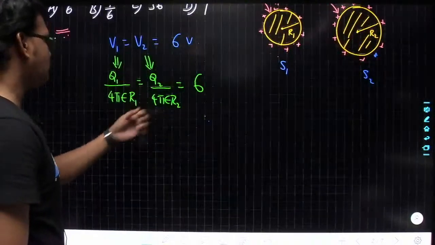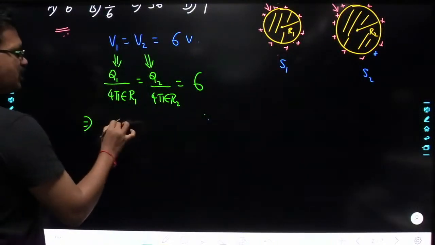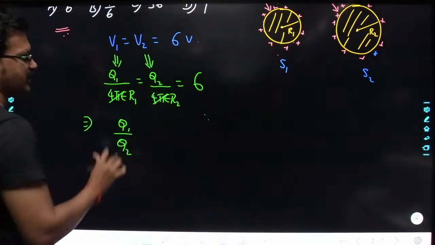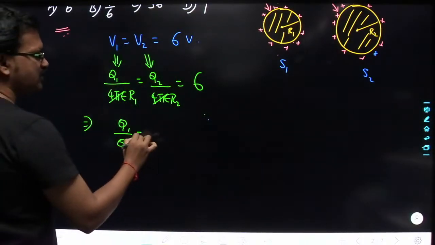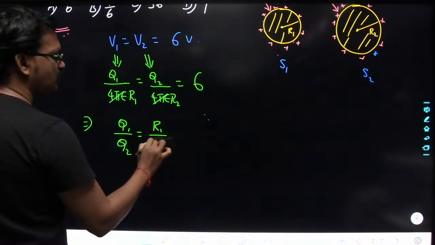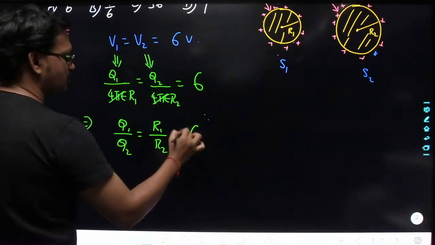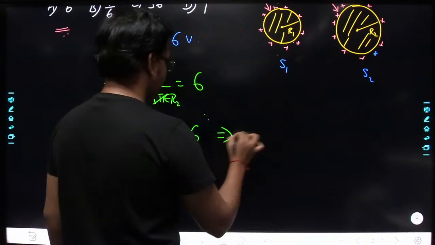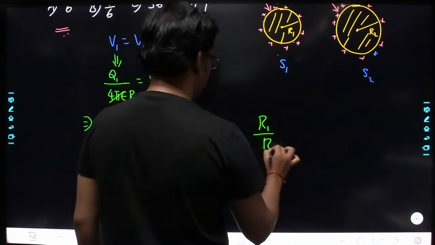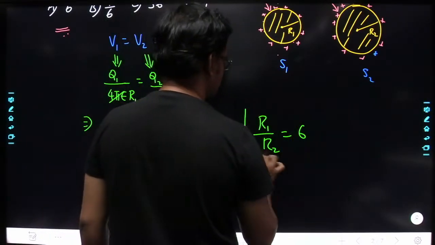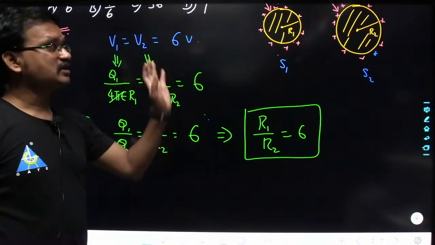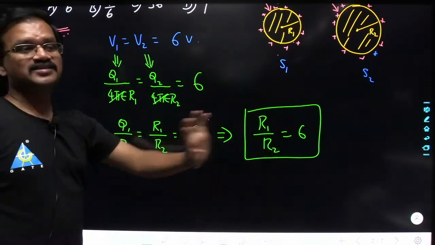So from here we can say Q1 by Q2, where 4 pi epsilon gets cancelled, is equal to R1 by R2, which is equal to 6. So R1 by R2 is equal to 6, which means the ratio of their radii is 6.